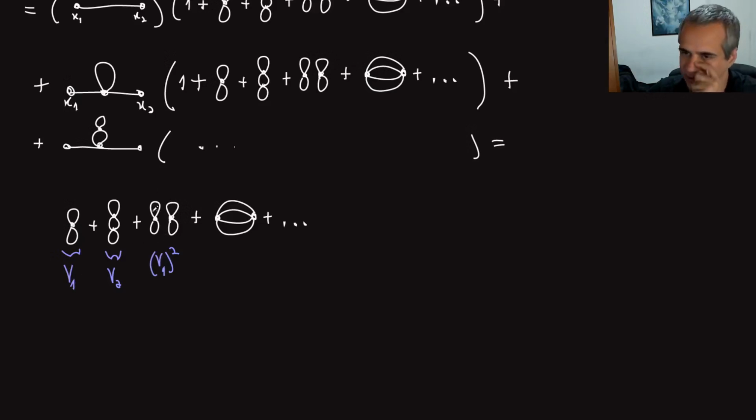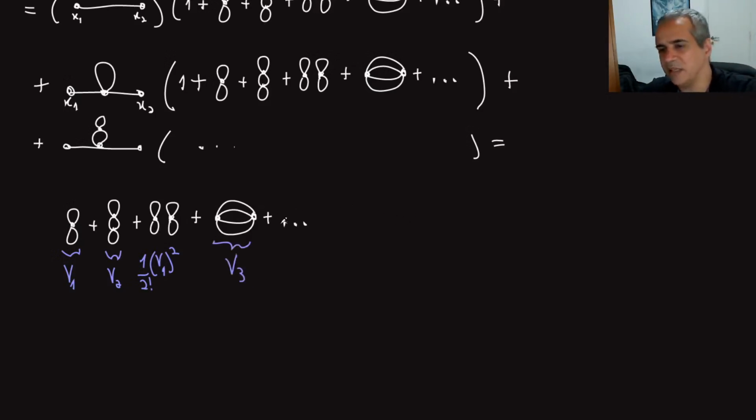But this guy is not just 8 times 8. There's also the fact that I can exchange these two bubbles, and the system is totally symmetric under the exchange of bubbles. So there's an extra symmetry factor here, which is 1 over 2 factorial. Those are 2 factorial ways to exchange those guys. This guy I can name V3.